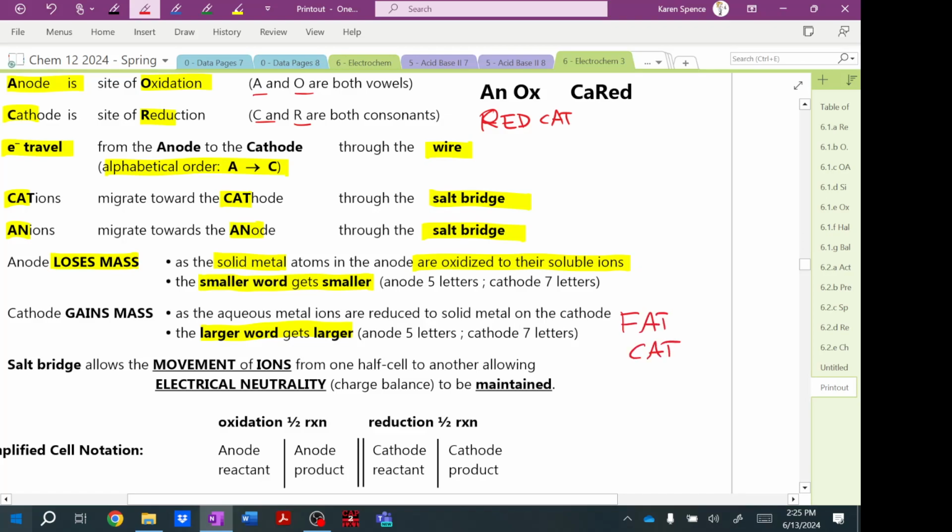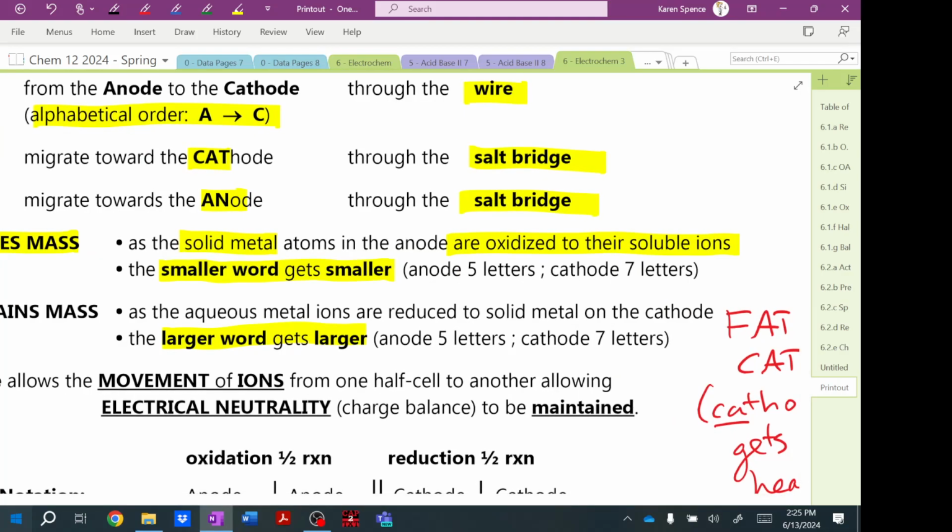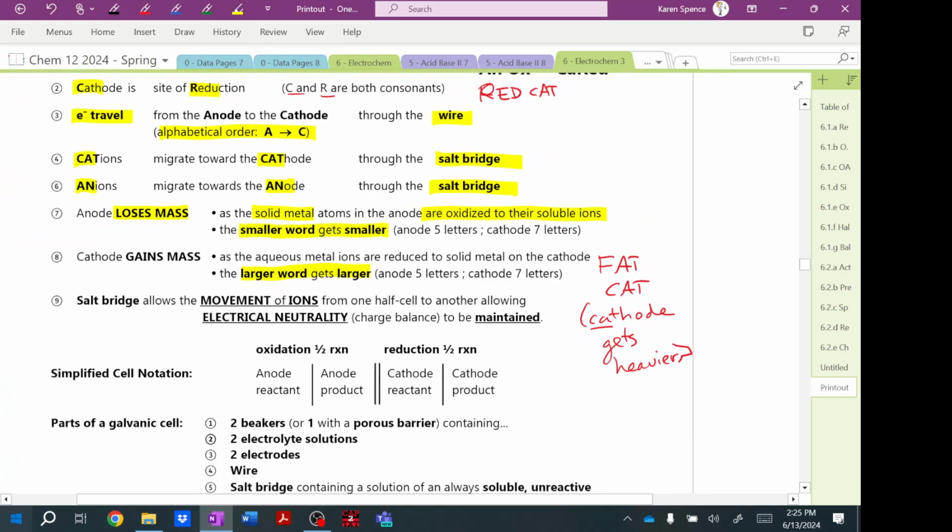The cat gets fatter, the cathode gets heavier. But whatever you like, okay? Or you can just be like, I understand how this works, and I understand that oxidation is taking place and I'm losing those metal ions, do you know what I mean? You don't need to use all these little tools if you don't need to.